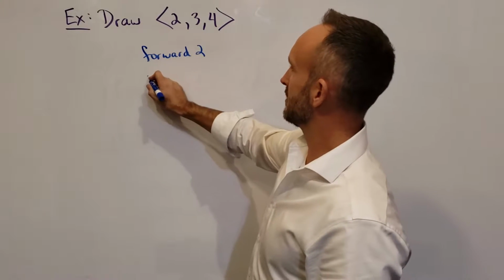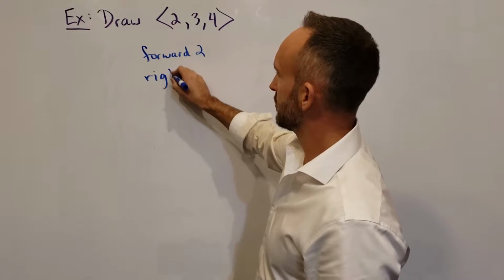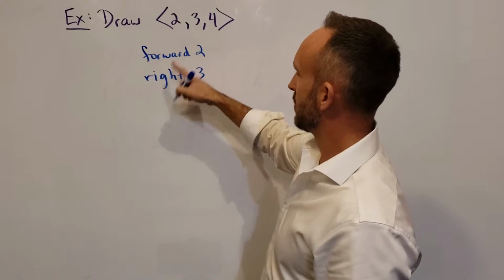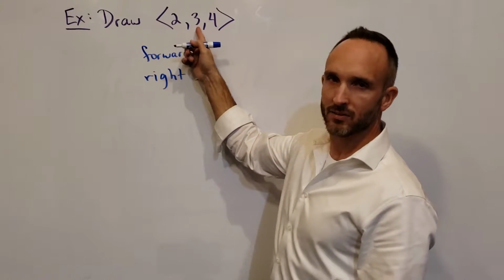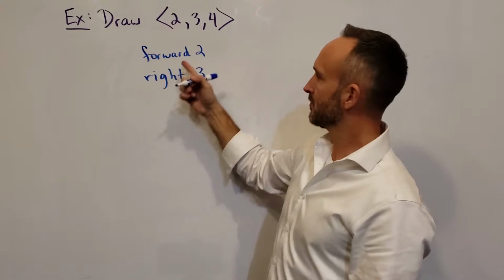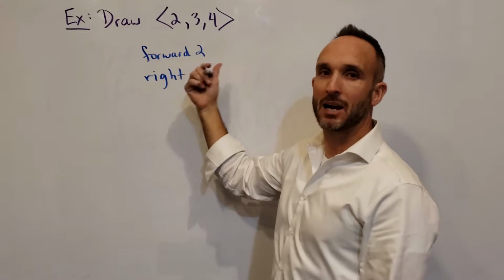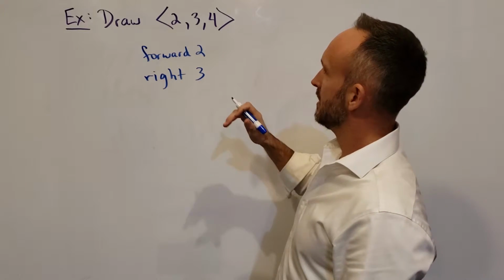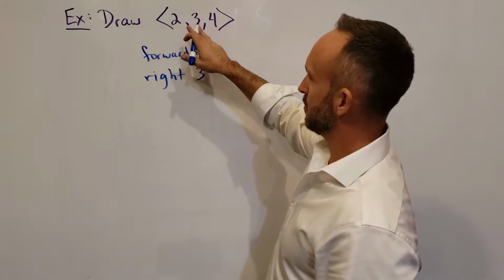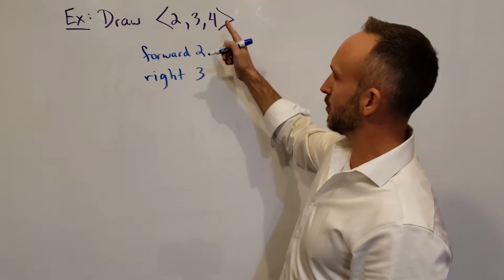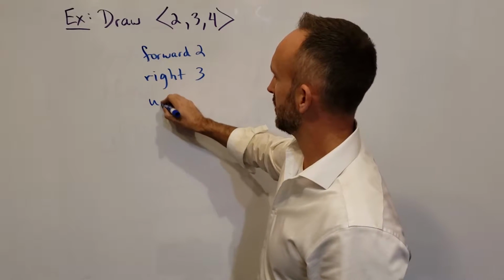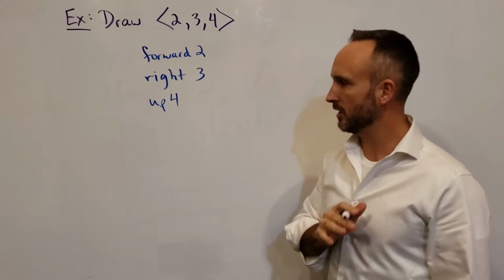The 3 means the y component is 3, so we're going to move to the right, positive 3. If it were negative 3, we would move left. If x were negative 2, we'd move backward, okay? Because x and y move those directions. Positive 4 in the z direction means move up 4, okay?